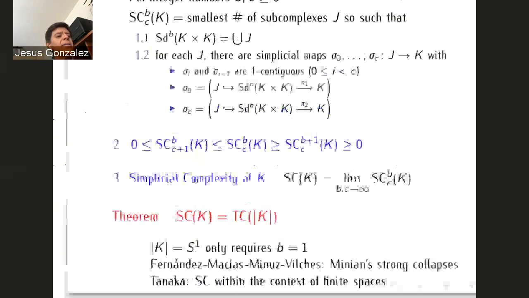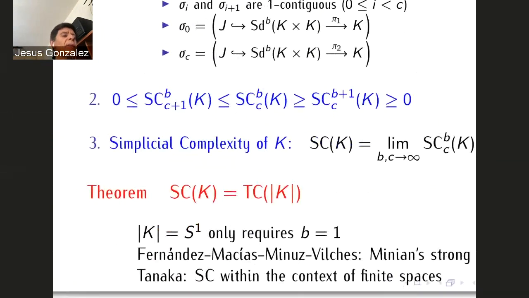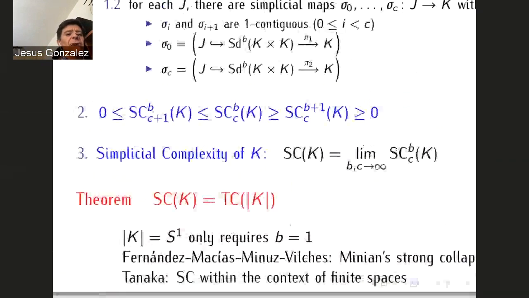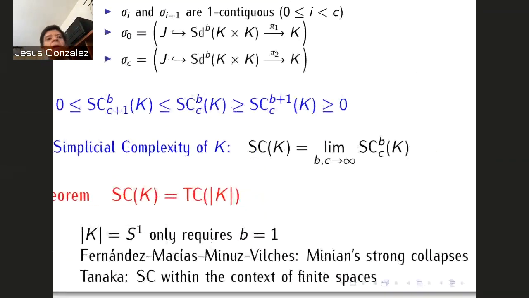And then the main theorem is that the simplicial complexity, so defined, agrees with the topological complexity of the geometric realization of the complex.